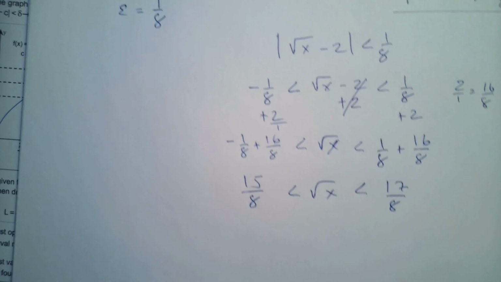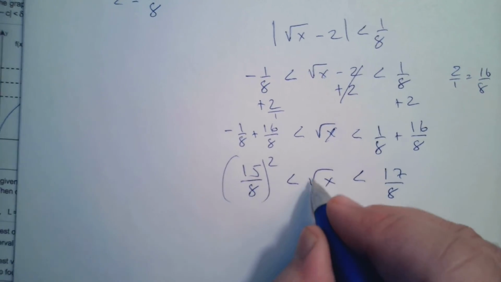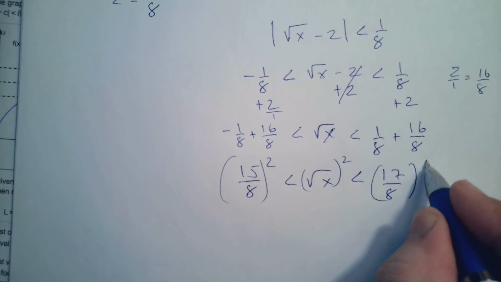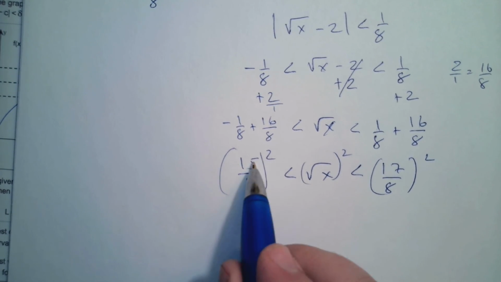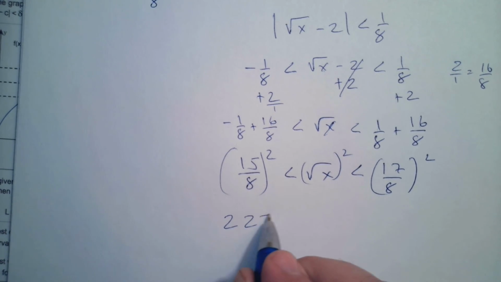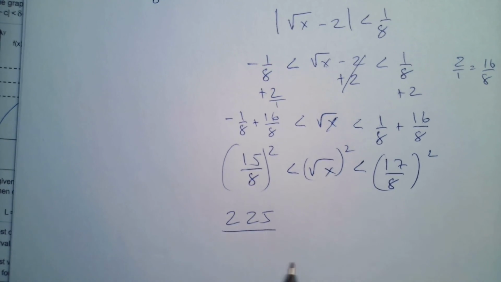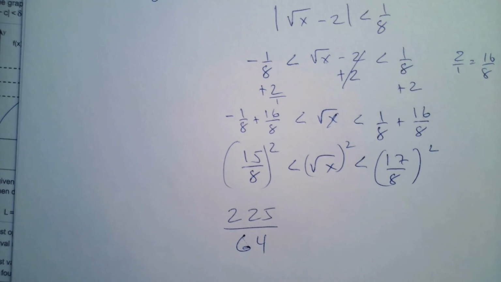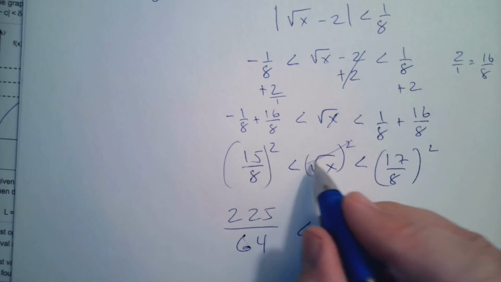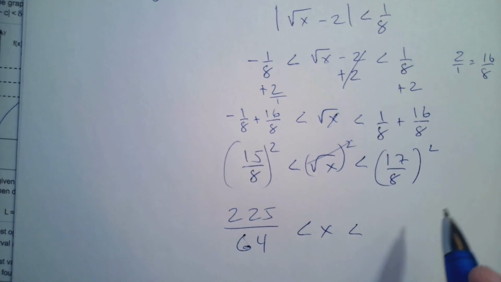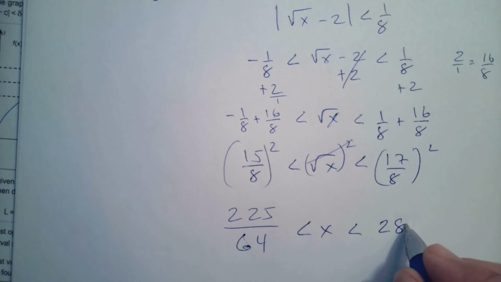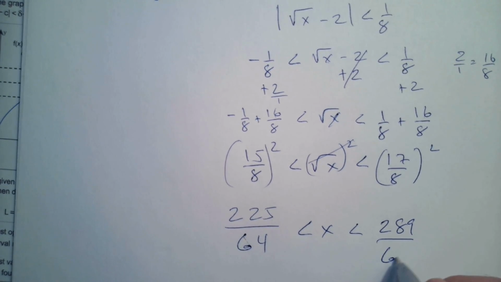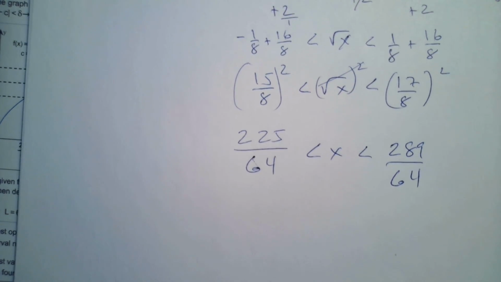Now we get the x. We have to square everybody. The square of 15 is 225, the square of 8 is 64, the square and square root cancel, and the square of 17 is 289 over 64.